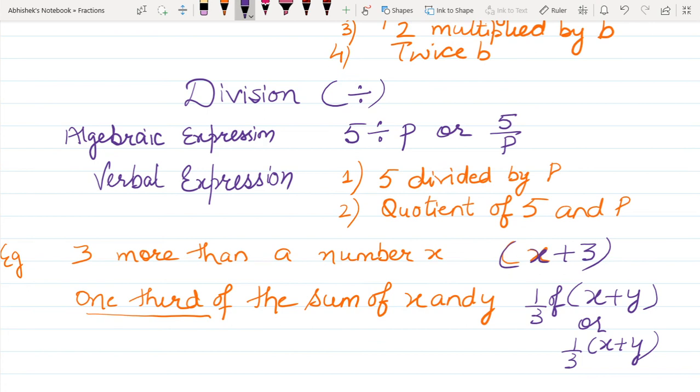So these are the verbal expressions, and I have expressed them as algebraic expressions.